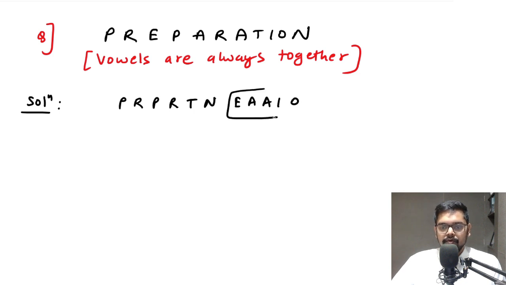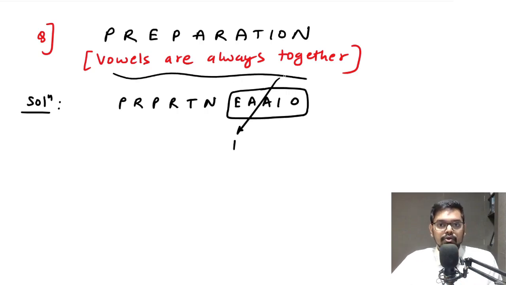Constraint was vowels should be together. So how many players are there? One player. This is one player, right? This box you have to consider completely as one player, because if you do not consider that as one player and you try to arrange, then vowels can get separated, okay? But your constraint is vowels should not be separated, they should always be together.